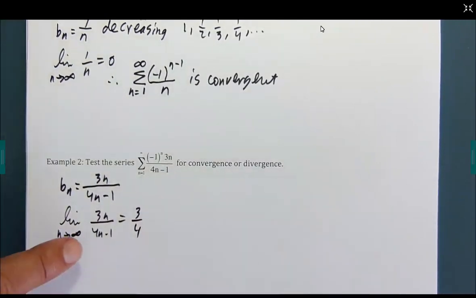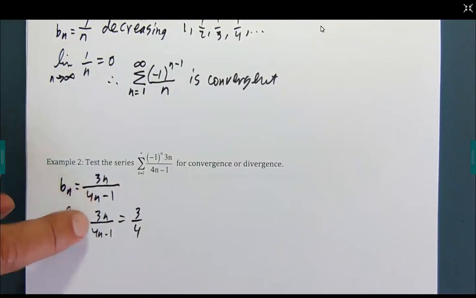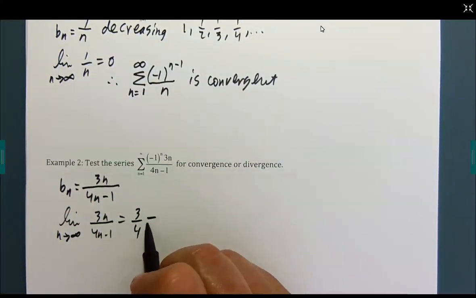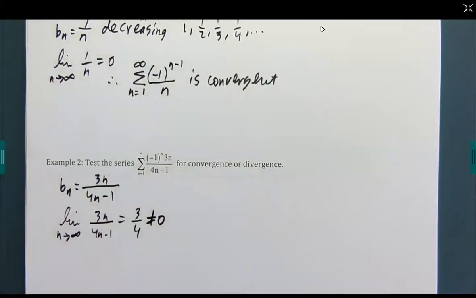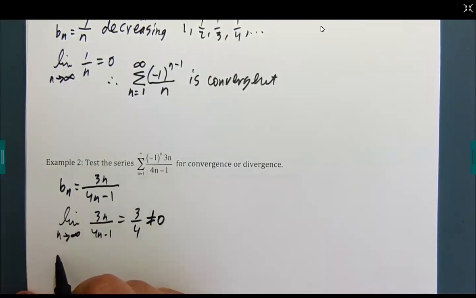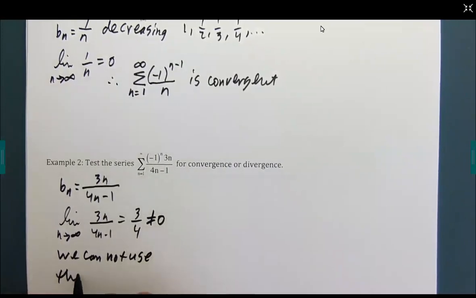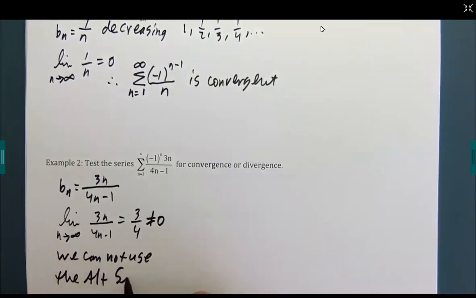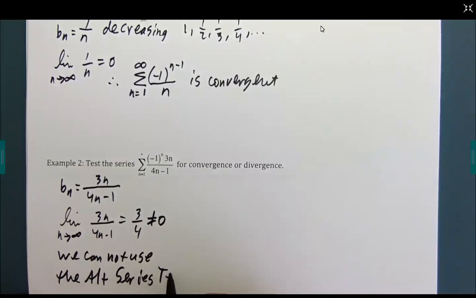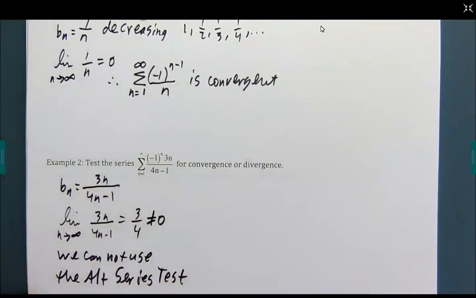I know that because when the degrees of the polynomials are the same, then the lead coefficients take over. Meaning that is not 0. All that this means is we cannot use the alternating series test. So we have to pick from the other tests.